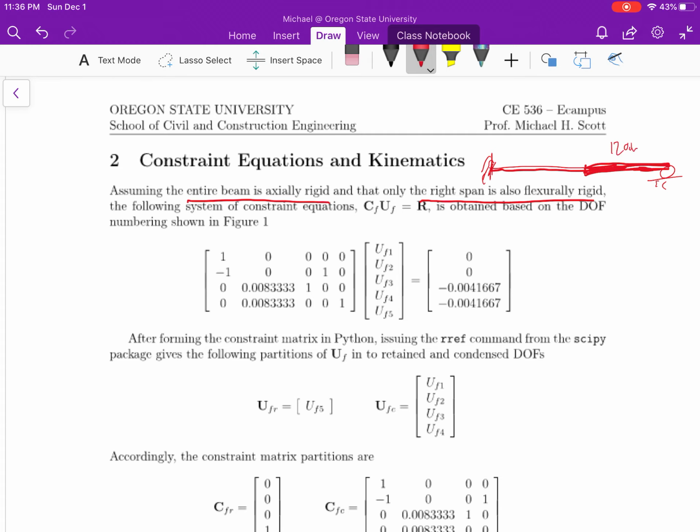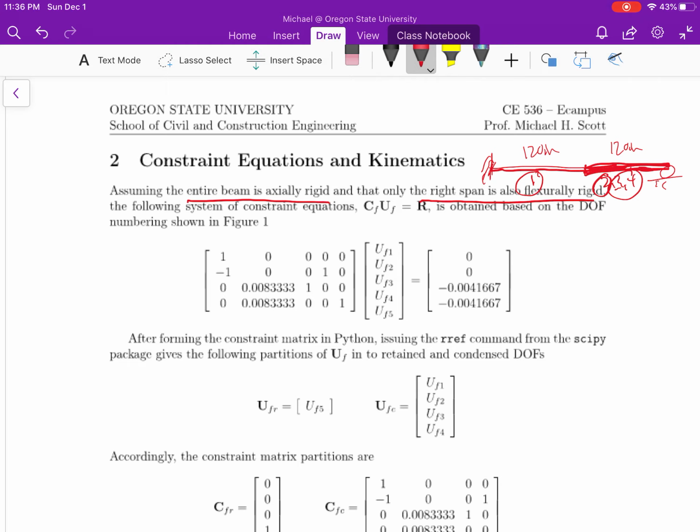Okay, so this is 120 inches long, and that's 120 inches long. So this gives us 1, and then 2, 3, 4 constraint equations. 1 over here for the axial rigidity, and then 2 for the axial rigidity of this element, and then 3 and 4 for the flexural rigidity.